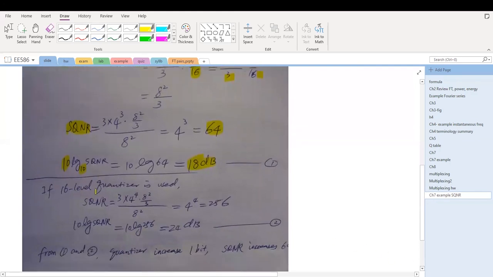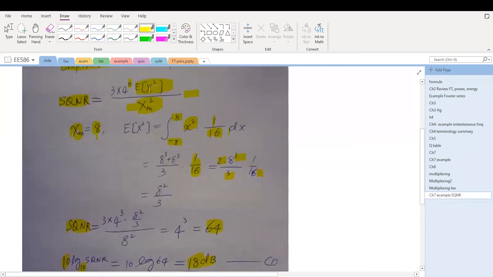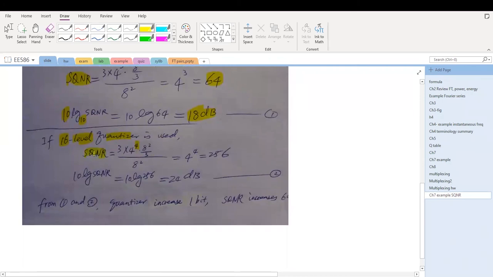Now, for the same signal, if we use a 16-level quantizer, the number of bits is 4. The other quantities remain the same because we quantize the same signal with the same range. Therefore, the SQNR equals 256 now. In dB, 10 log 10 gives 24 dB.